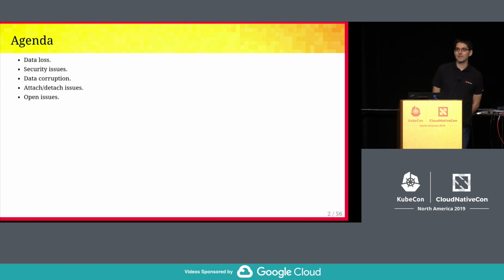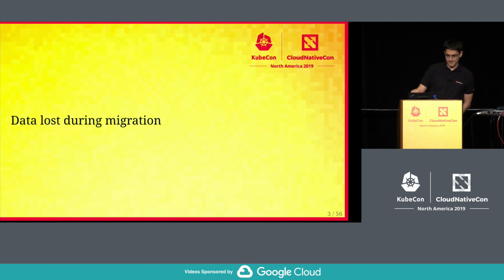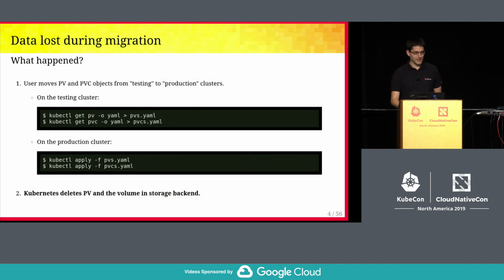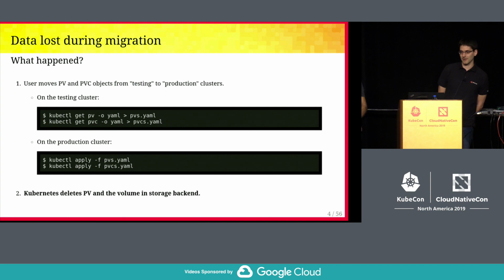In the end, we will talk also about the open issues we have right now and how we are going to tackle them. So the first thing that users usually learn the hard way is that they should not mess up with persistent volumes and persistent volume claims. In this case, a user tried to migrate some data from a testing cluster to production cluster.